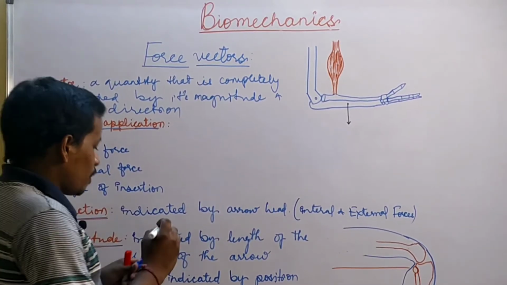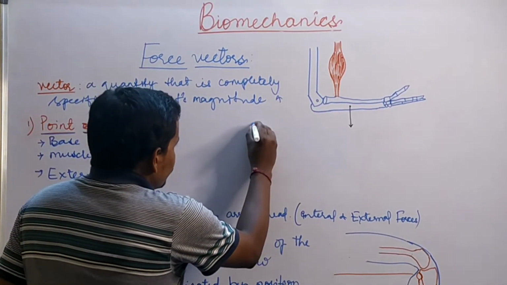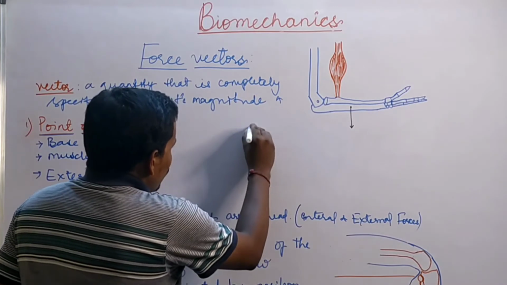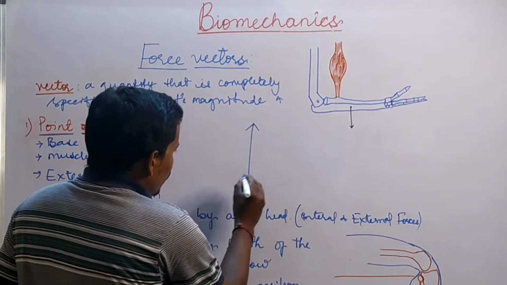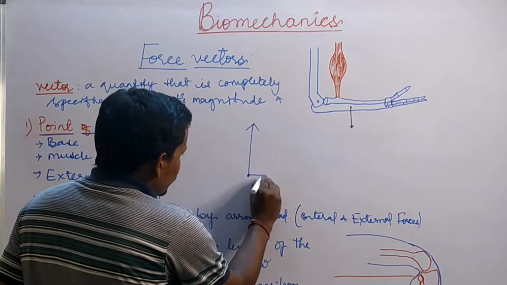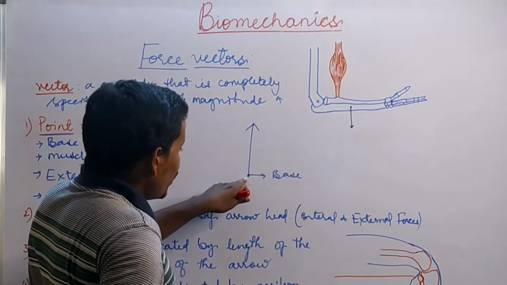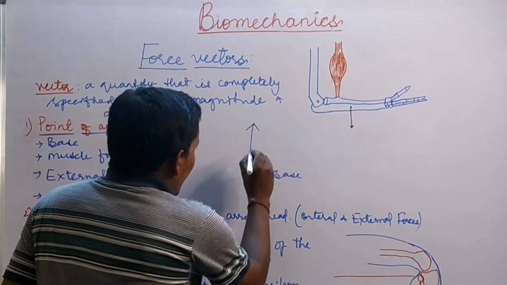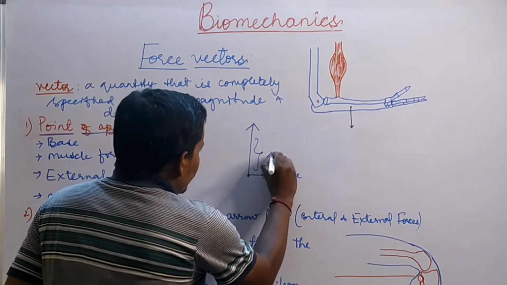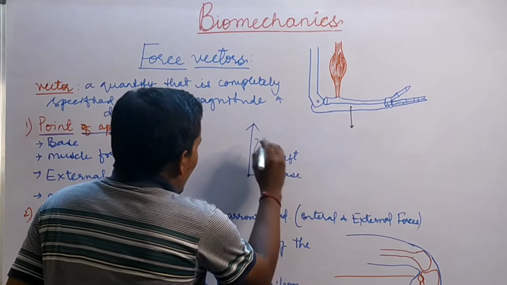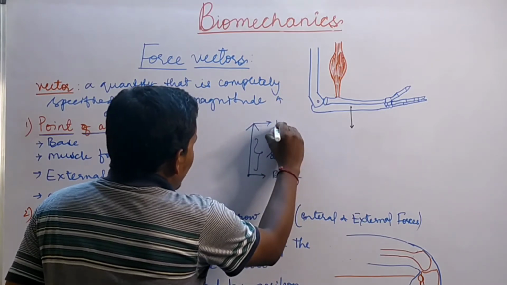What does it mean? Now let us see this diagram. This is a vector. This represents the base where it contacts the body segment, this represents the shaft, and this arrow represents the direction.